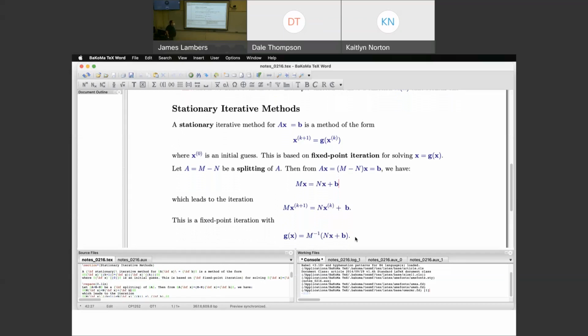So what we want to know is, if we use this kind of iteration to solve Ax equals b, how do we know if a fixed point iteration of this kind, x_{k+1} equals g of x_k, is going to converge?